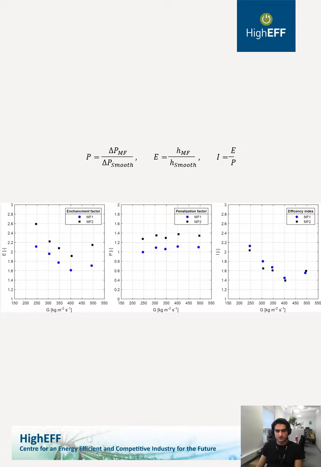As you can see in the graphs, in higher mass fluxes, there is a lower increase of heat transfer coefficient, while the pressure drop increase is relatively the same. Therefore, the use of microfilm tubes is more beneficial in lower mass fluxes.